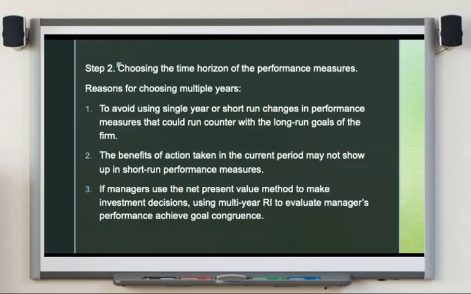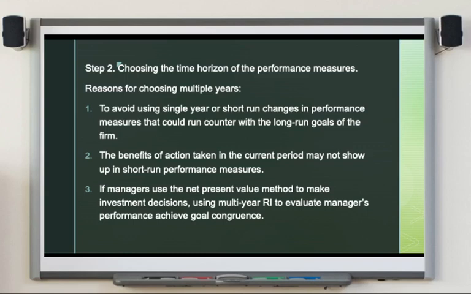And then the next step is to choose the time horizon of the performance measure. An evaluator could measure a certain unit or a division using a single year or multiple years. It depends on the situation or the evaluators or the purpose of the performance evaluation of which time horizon will better fit the need of the management.